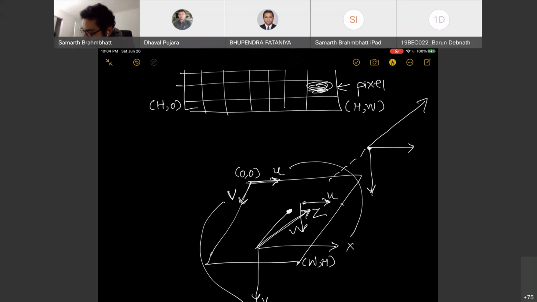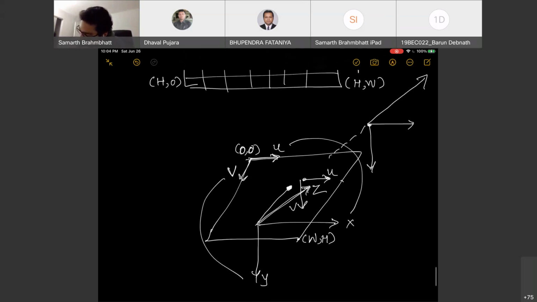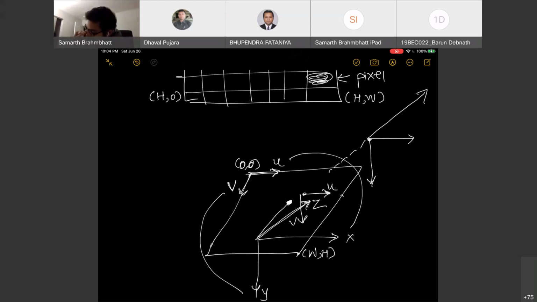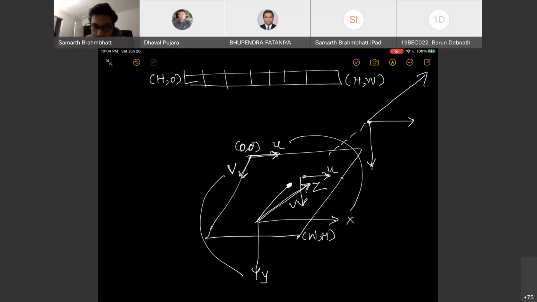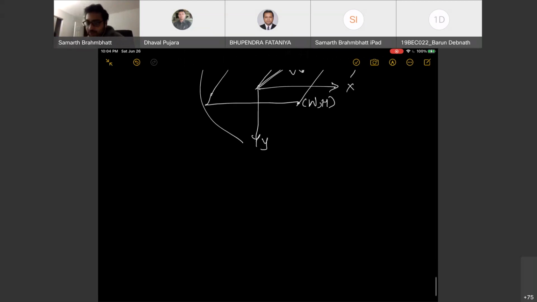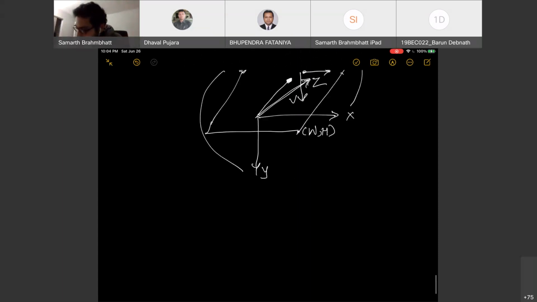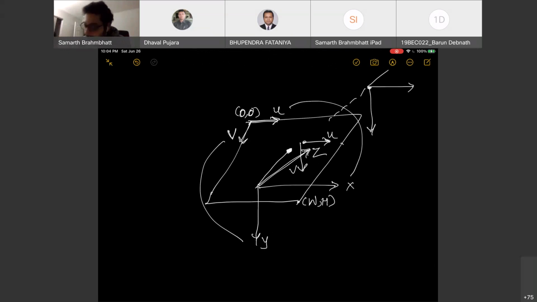Now remember, this central point is not the same as this 0, 0 point, right? This is the same effect that you see of, you know, when an object goes farther away, then it becomes smaller and smaller, right? Because it is being divided by z.